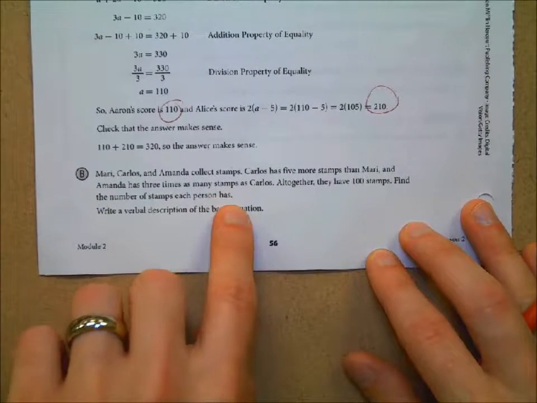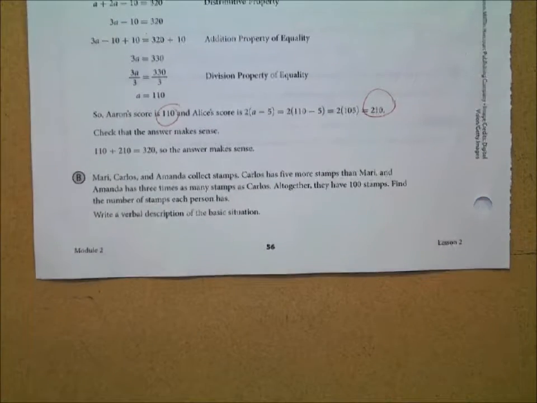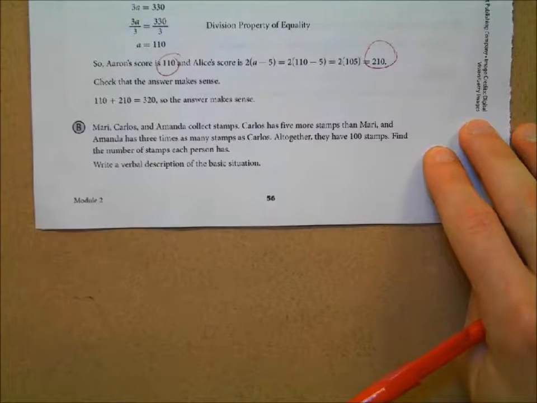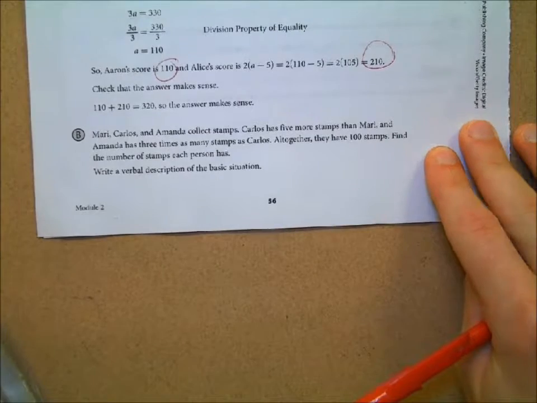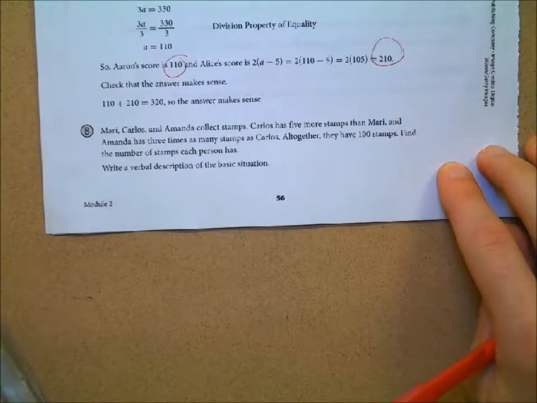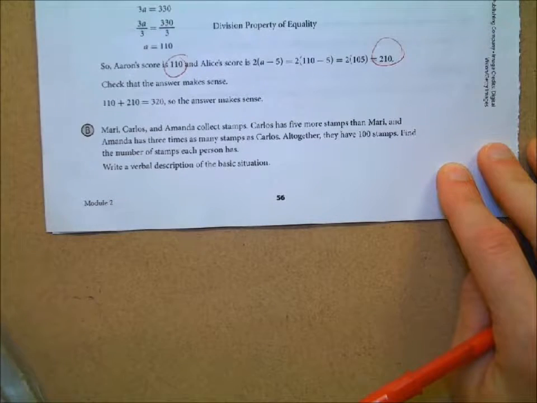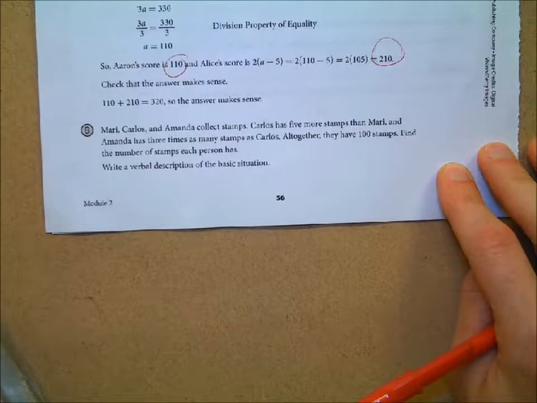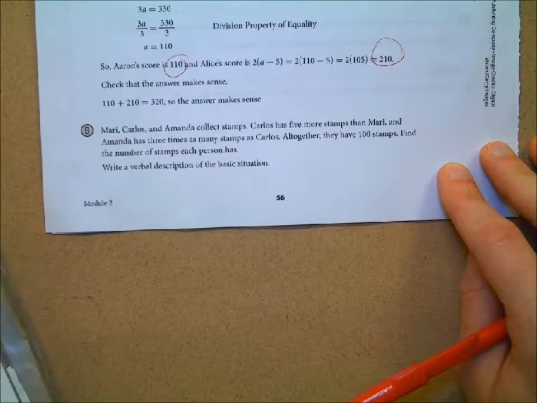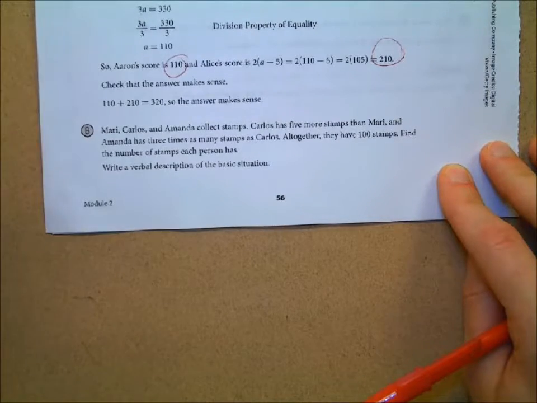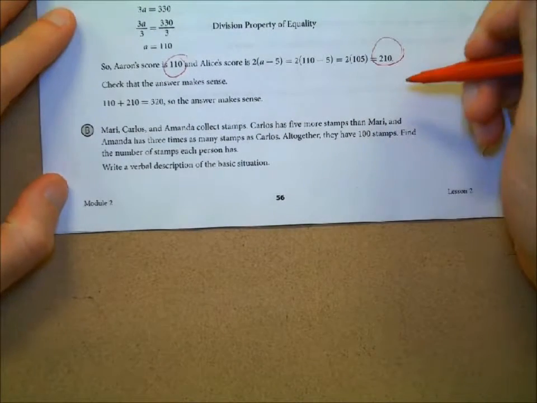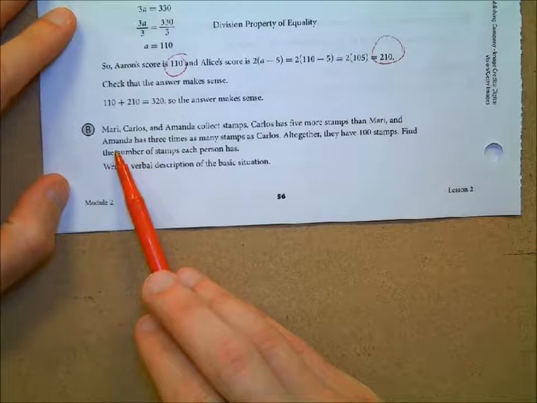Okay? So we have 3 people here, and they each have a different number of stamps. Whose number of stamps do we know absolutely nothing about? Amanda? Well, Amanda has 3 times as many as Carlos, so we know a little.